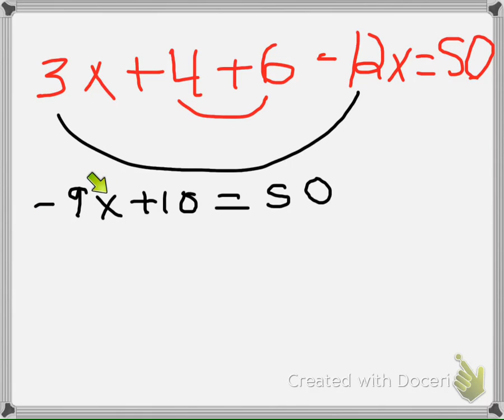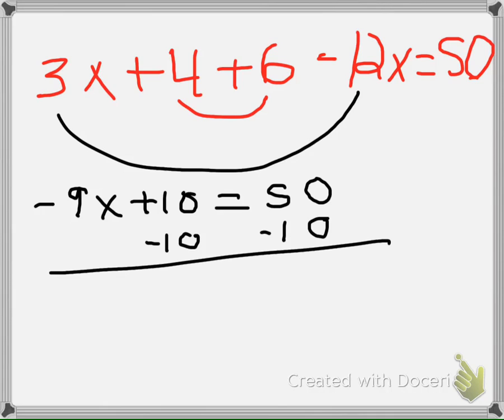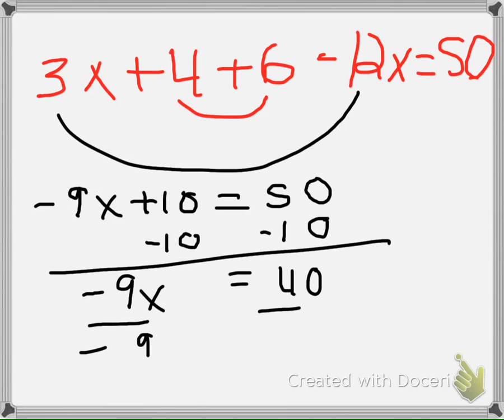Okay? You want the x by itself. First you need to get rid of the 10. Subtract 10. Subtract 10. 50 take away 10 is 40. And because these canceled, all you have left is the negative 9x. Divide by negative 9. Divide by negative 9.